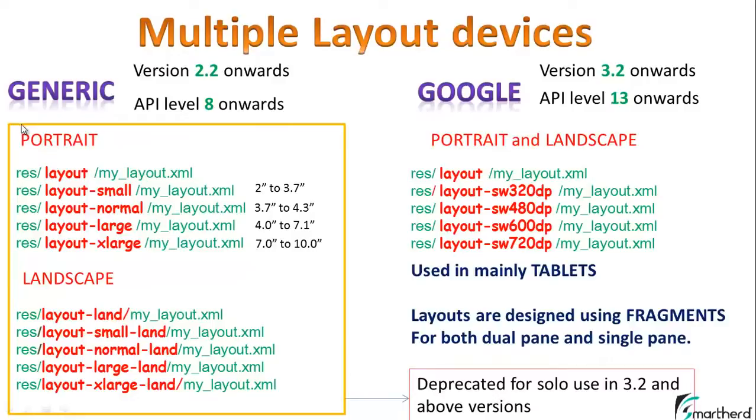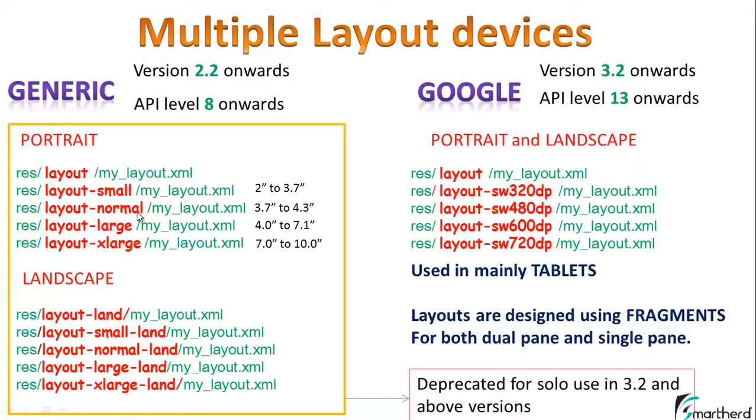So at present, as beginners, we will just try to design our layouts and store those layouts in these 10 folders, and later on during our fragment tutorials we will design our layouts using fragments, and I will show you how a single layout can act for both portrait and landscape mode.